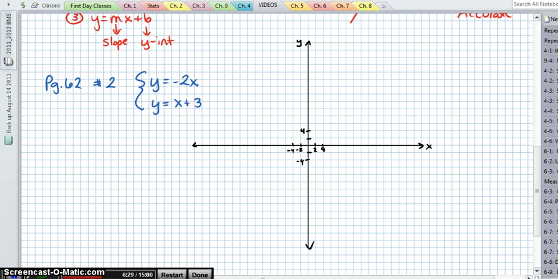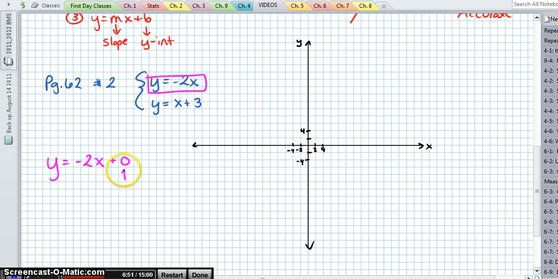First thing we want to do is graph these lines, and in order to do that I'm going to focus on the first equation, and that will be in purple. So y equals negative 2x. I could make a table, I could find intercepts, or I could graph this if it was in slope-intercept form. I happen to notice that this is very similar to slope-intercept form.